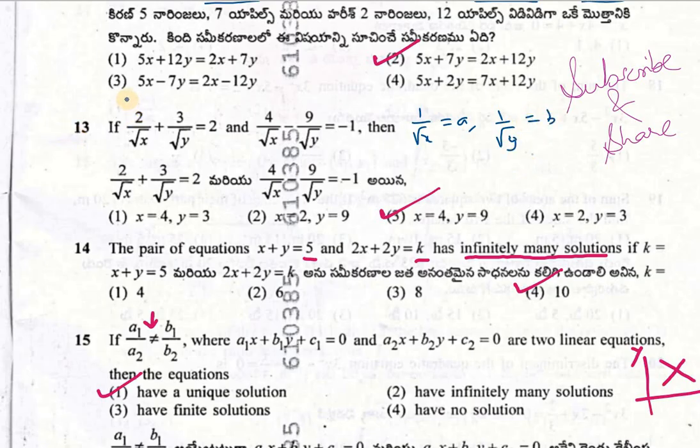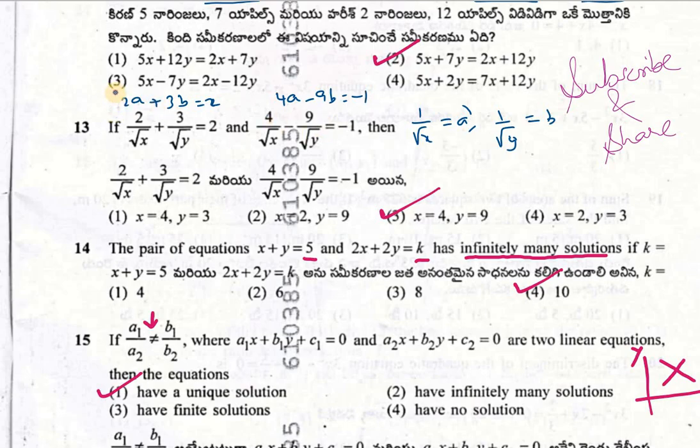Then the first equation becomes 2a plus 3b is equal to 2, when you substitute these values. And the second one, 1 by root x is a, so 4a, and 1 by root y is b, so minus 9b is equal to minus 1.